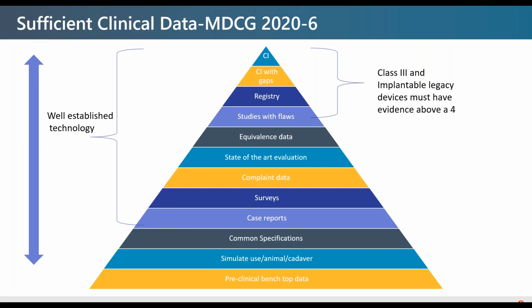Okay, so of course, our top hierarchy here, they didn't have it displayed this way, this is my rendition, is your clinical investigation is like the highest tier, right? And then we go to the clinical investigations with gaps. And then the next one is registry data. And that doesn't just mean the registry of orthopedic devices that is in one place.